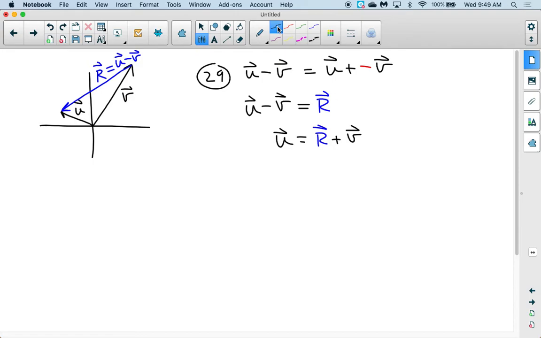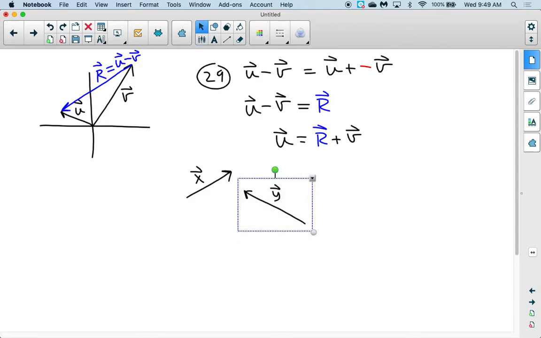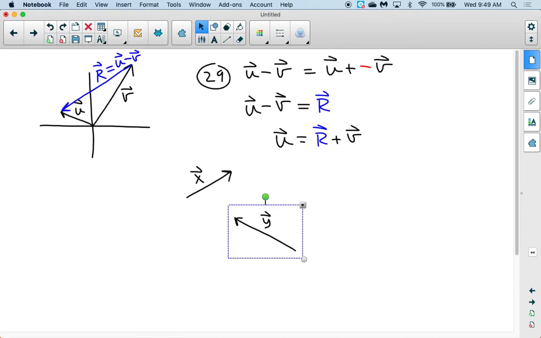Let's call this guy X, and I'll call this guy Y. Now, if you want to add or subtract them, the first thing you would want to do is move them into a position where they share a common initial point.